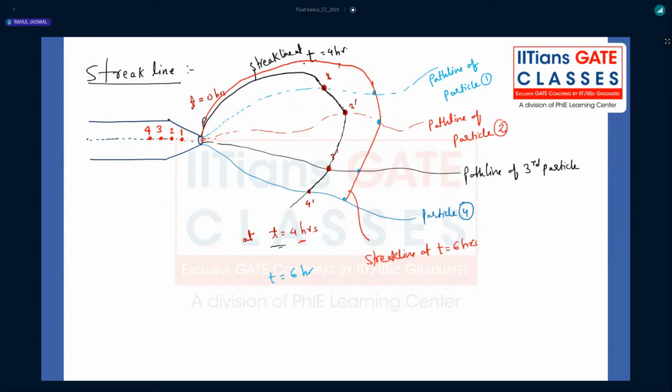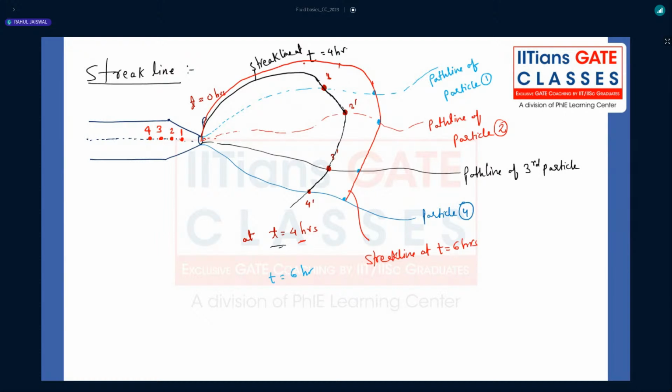What is the physical significance of this streamline? Sir, it is just giving me the instant direction of the fluid particle velocity. Path line is the history of the path that is traced, right? Streak line is the location of all the fluid particles which have been prescribed in the flow field at a particular instant of time, right?